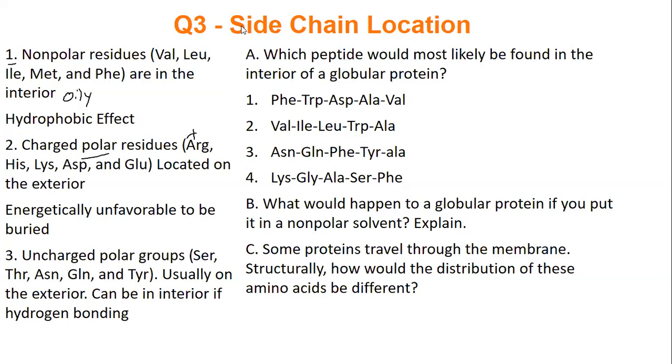So it is 2. Now here's a big picture question. What would happen to a globular protein? A globular protein is a protein that has a hydrophobic core and folds into a 3D conformation.